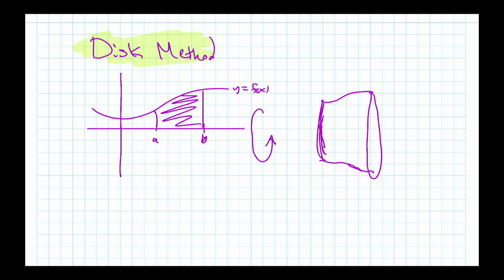That's the worst thing I can draw. I'm drawing at a really awkward angle here, by the way. So you rotate that around and it turns into what we call a solid of revolution, a solid with some volume.